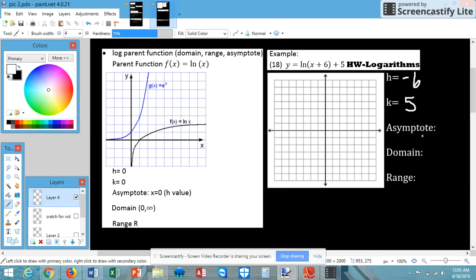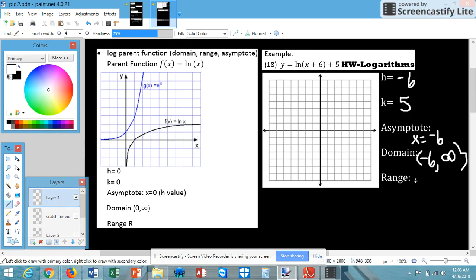The asymptote is that x equals -6, because that's our h value in this case. Our domain is from -6 to infinity, and our range is all real numbers.